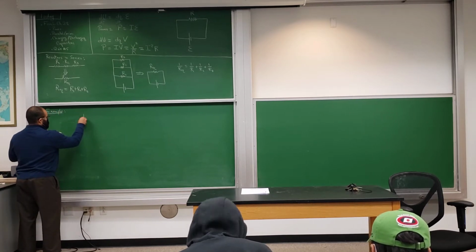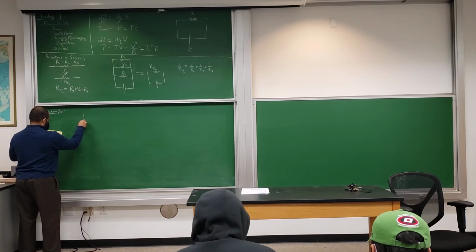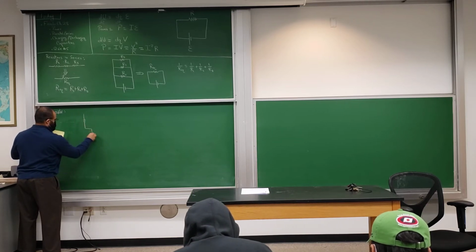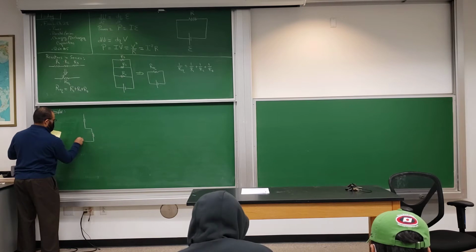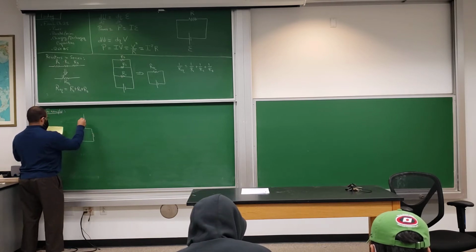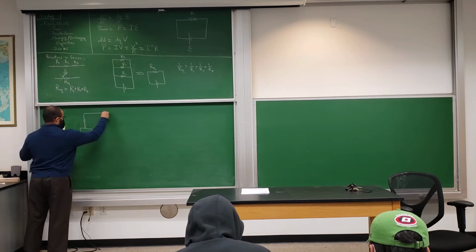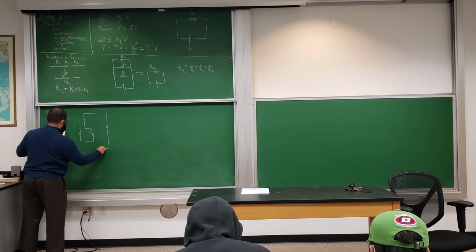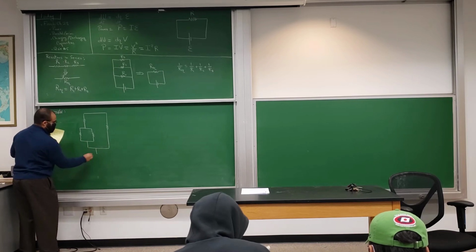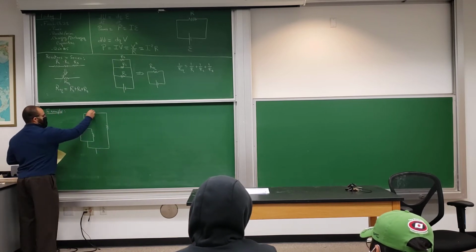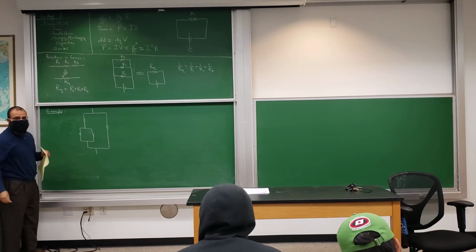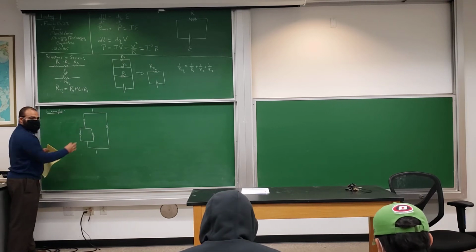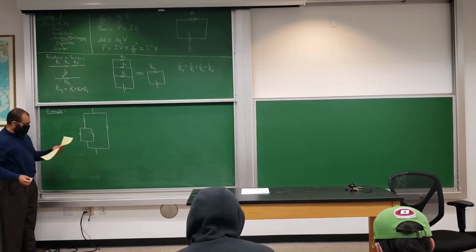So you have a resistor, a resistor, a resistor, and then a resistor, and then a resistor here. They're connected probably to a battery or something. But we want to replace all these by just one equivalent resistor.